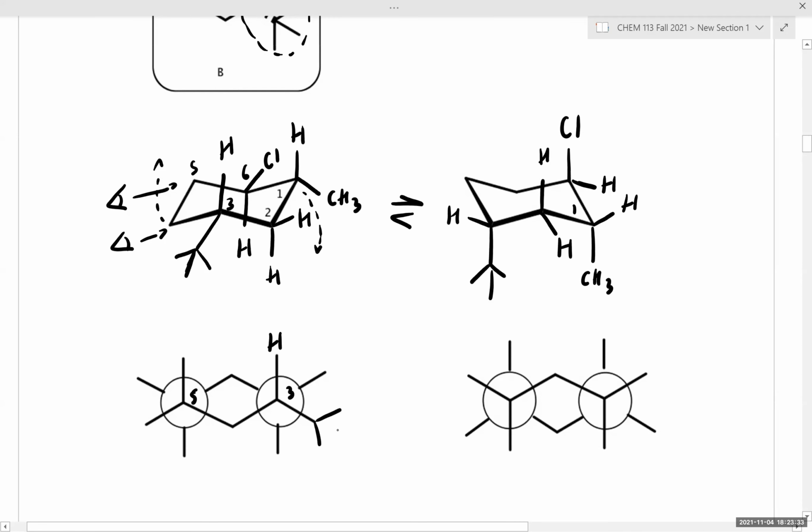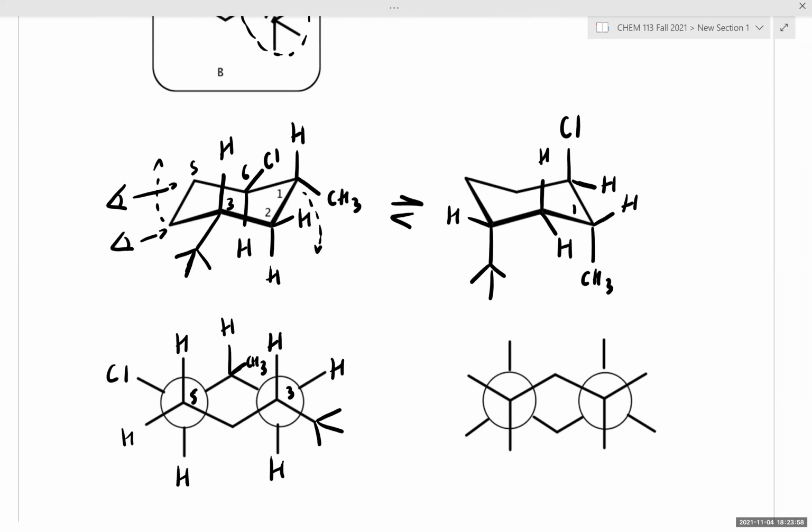On carbon 3, we have a tert-butyl group in the equatorial position. We have our hydrogens. Our hydrogen on carbon 1 is axial. The methyl group is equatorial. Carbon 5, we just have hydrogens. Carbon 6, the chlorine is in the equatorial position.